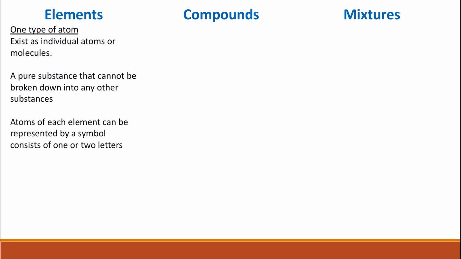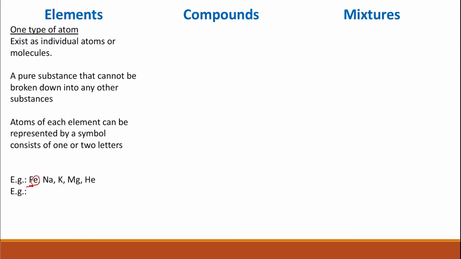And when we represent the different elements, we have to take into account two things. First of all, when the symbol of the element consists of two letters, the first letter is always an uppercase letter. Something like iron, it's an F, which is an uppercase letter, and then the second letter will always be a lowercase letter.